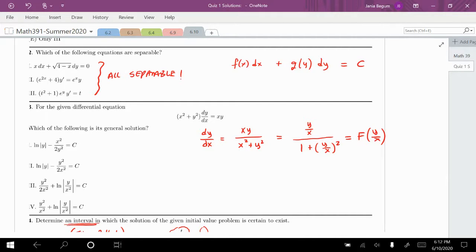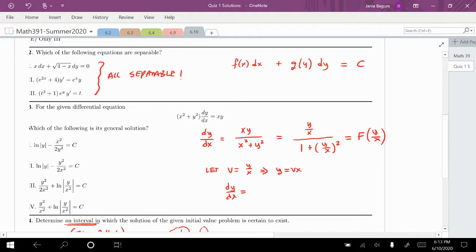So now that you know it is homogeneous, all you have to do is finish the question using appropriate algebraic skills. We use the substitution v equals y over x. So I like to write it this way: y is equal to v times x.